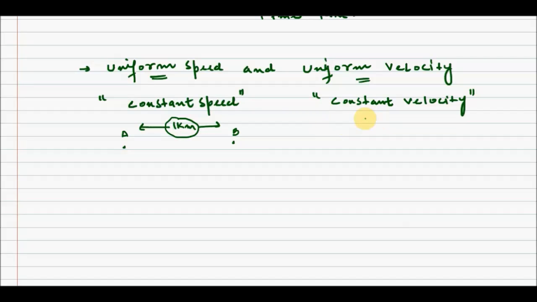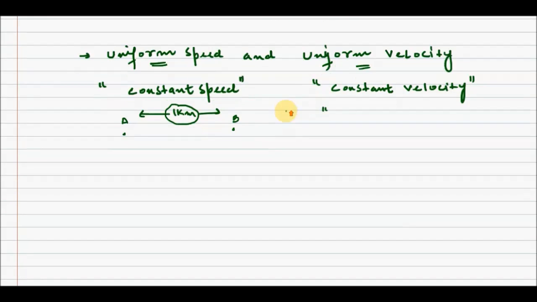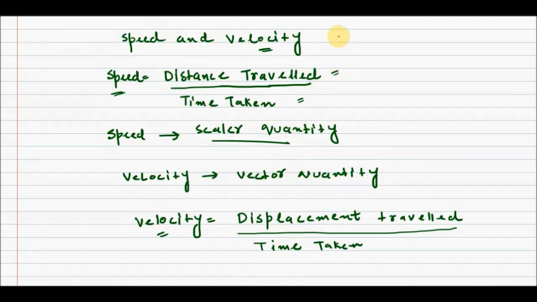Constant velocity or uniform velocity is also defined as when a person travels equal displacements in equal intervals of time, right? I think it's very easy. I don't see much difficulty in understanding both uniform speed and uniform velocity. Now, the mathematical equations for uniform speed as well as for uniform velocity have already been discussed, and these are the equations for uniform speed, and this is the equation for uniform velocity, right?